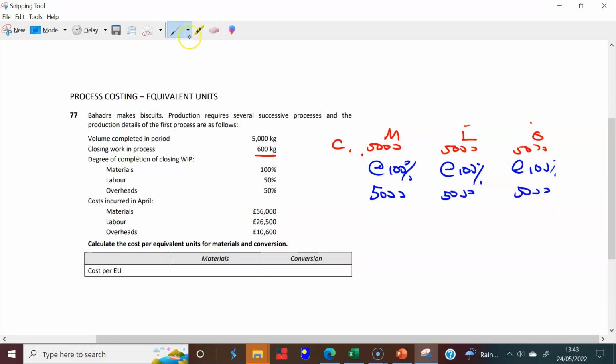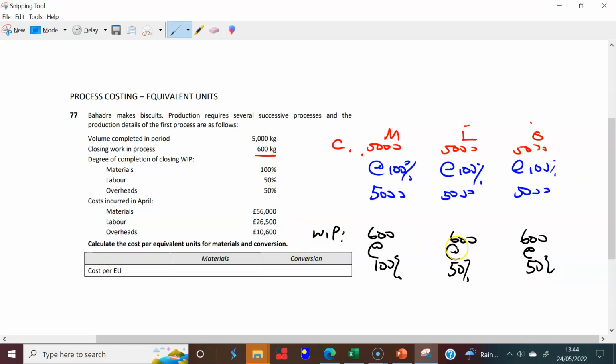Now, changing the pen color, for work in progress we have 600 units that are 100% complete for materials, but only 50% complete from a labor point of view, and only 50% complete from an overhead point of view.